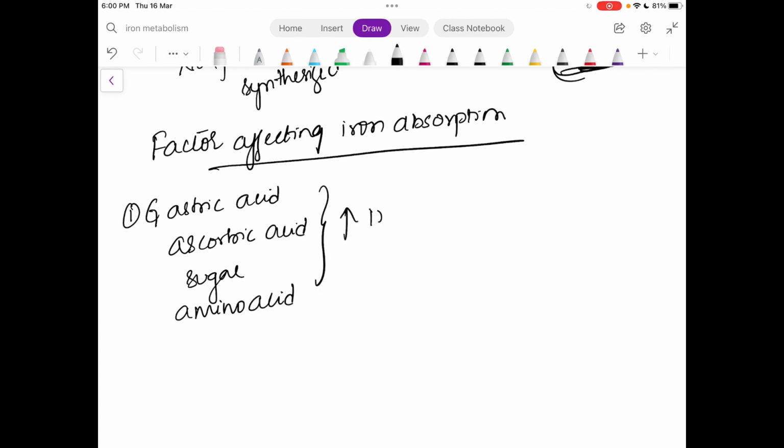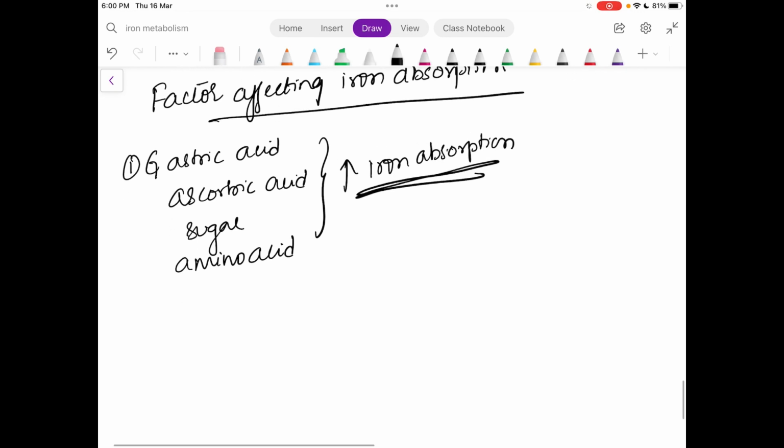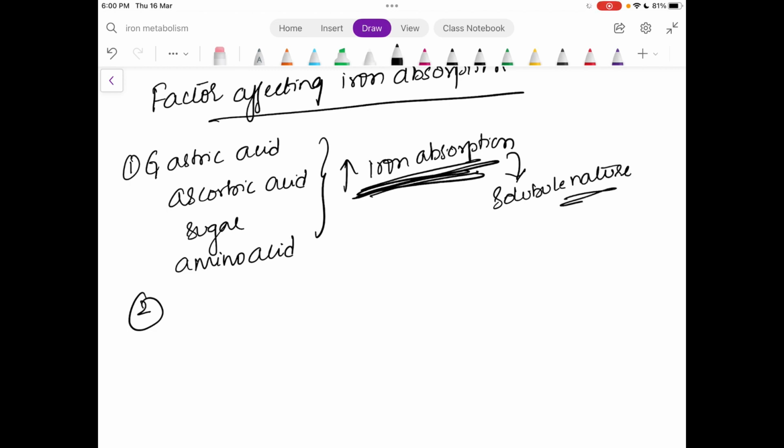All these will increase iron absorption. Why is iron absorption increased? They increase the soluble nature, and it increases absorption.